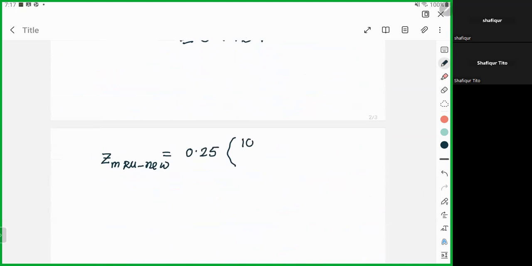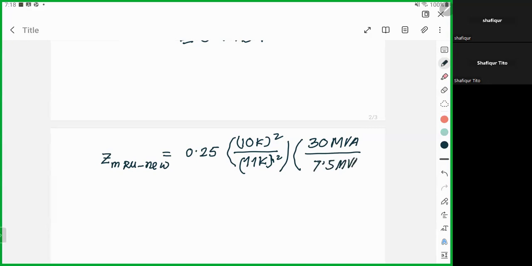So 10 kilovolts square divided by this one is given actual value now, it is 11 kV square, and then as we knew is 30 MVA divided by old one is 7.5 MVA.